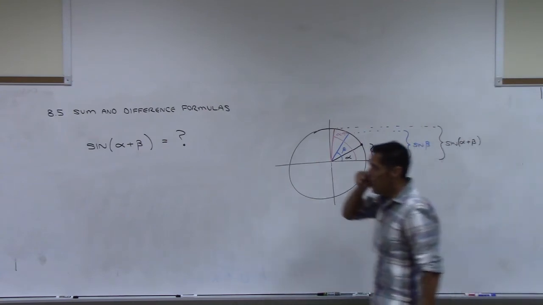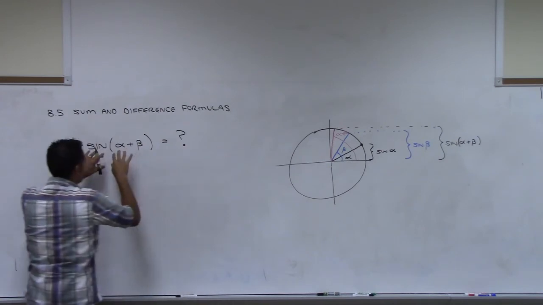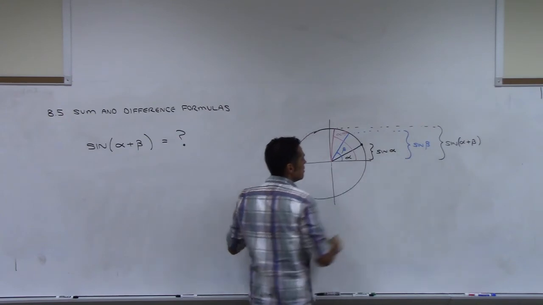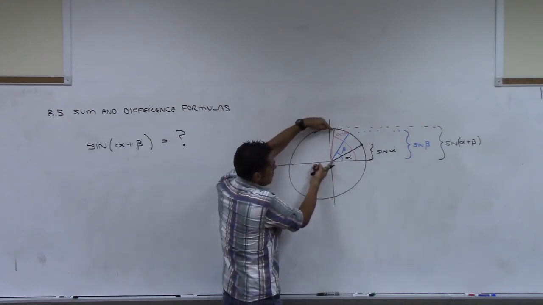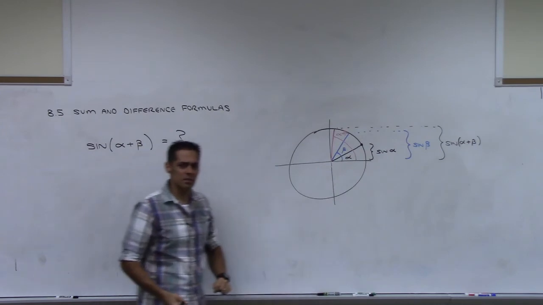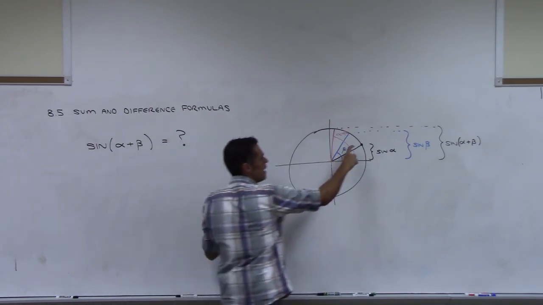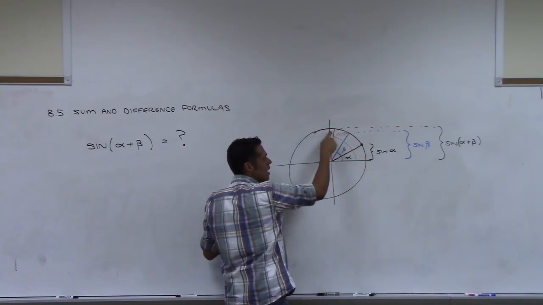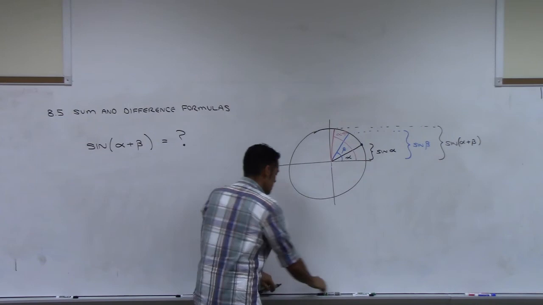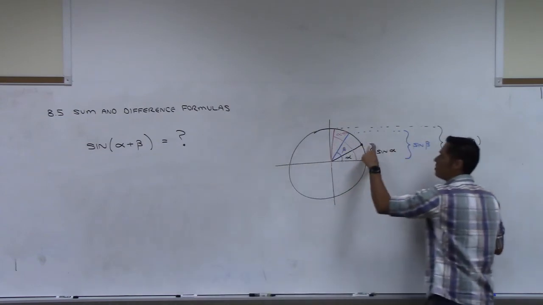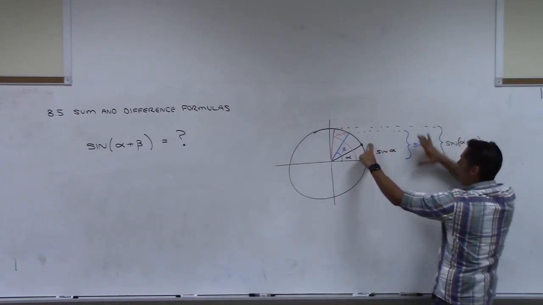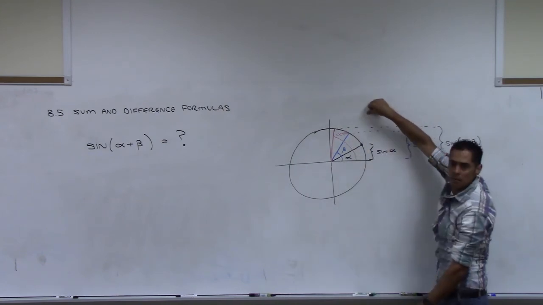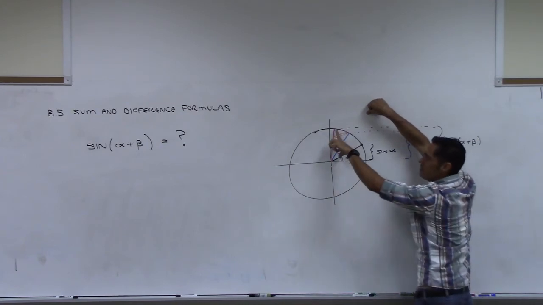So the question is, is there a way that we can get the answer to this using these two? Does it look like this height is just these two heights added together? If I take this height and add this height, am I up here? Is that this height?